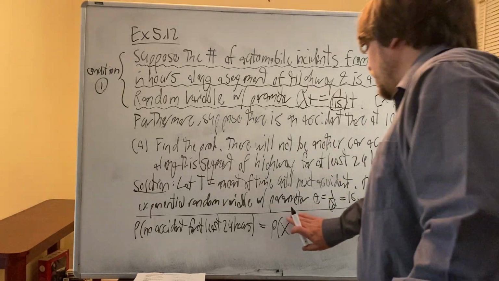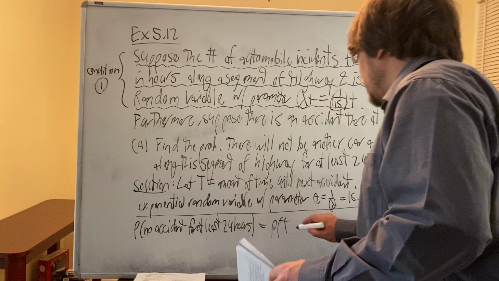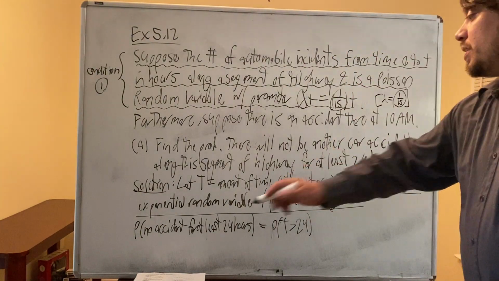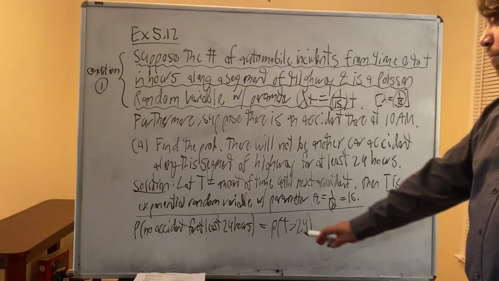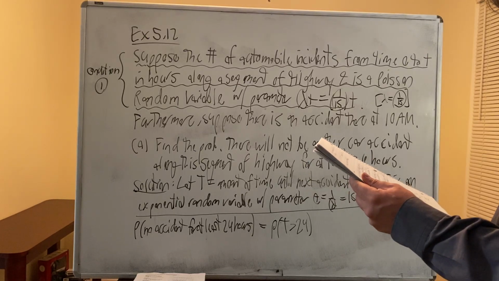So it's not X, it's T. T is the wait time, and so T is greater than 24. T is the amount of time until the next accident. So if there's no accident for at least 24 hours, that means the wait time until the next accident is greater than or equal to 24.